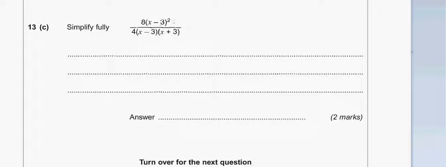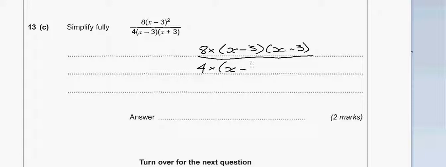Okay, so I'm just going to open this out a little bit. So I'm going to have 8 multiplied by, now anything squared is itself by itself, so x minus 3 all squared would be x minus 3 multiplied by x minus 3, and then here we have 4 multiplied by x minus 3, x plus 3.